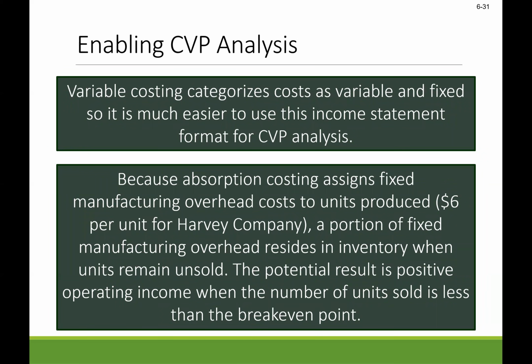Variable costing categorizes cost as variable and fixed, so it's easier to use this income statement for CVP analysis.